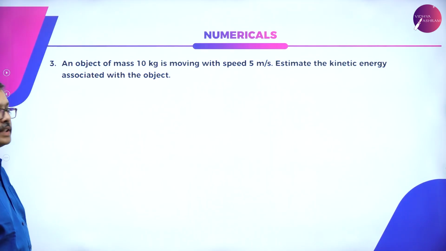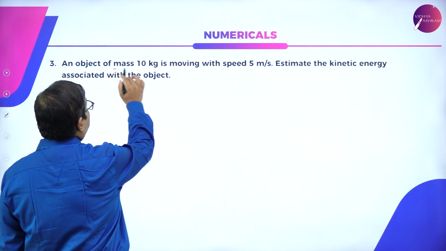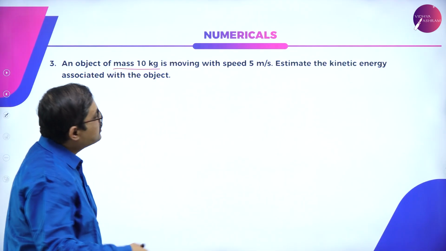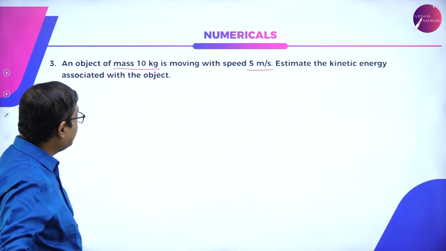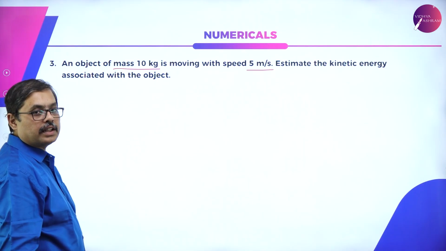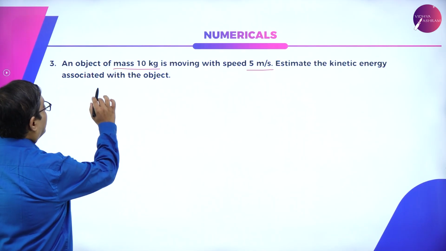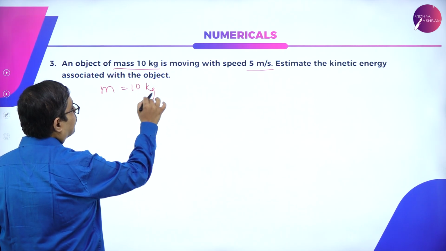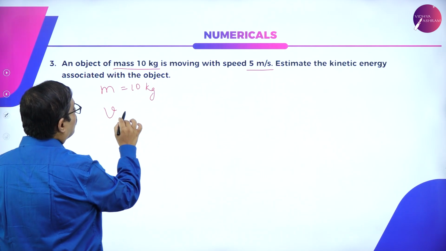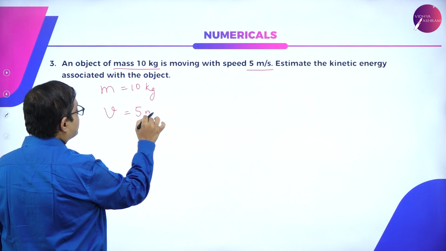Let us have a look at the next problem. An object of mass 10 kg is moving with a speed of 5 meter per second. Estimate the kinetic energy associated with the object. What is the data? Mass is 10 kg. Velocity is 5 meter per second.